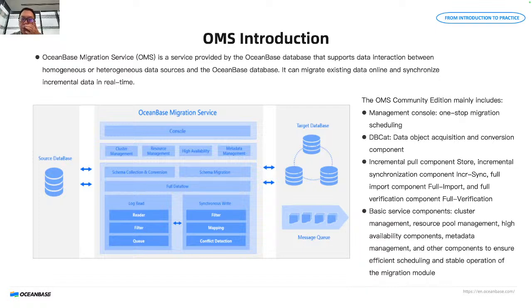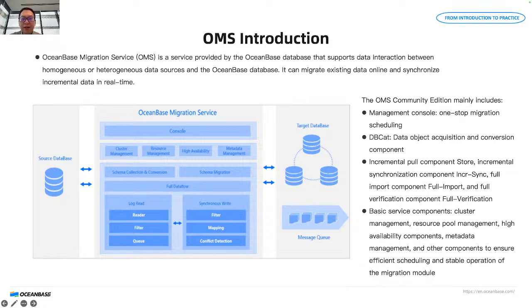This component retrieves metadata such as the structure of some of the source-side data tables. There are also other components here, such as incremental components, incremental synchronization components, full import components, and also full verification components.